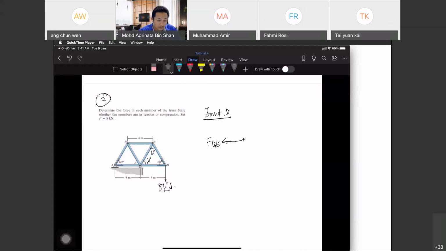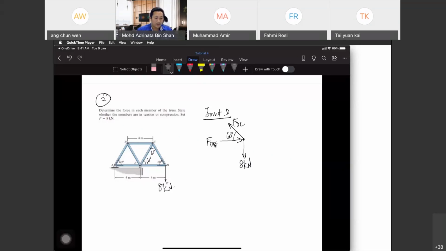Okay? So we have this one FDE. The direction is that important. We will find in the final answer. Okay. Sorry. This one is FDC. This is 60 degree.